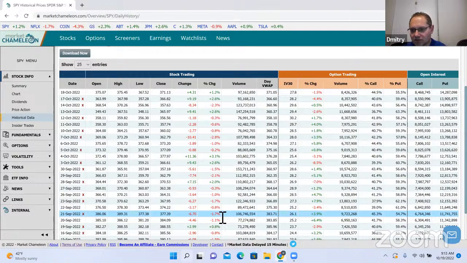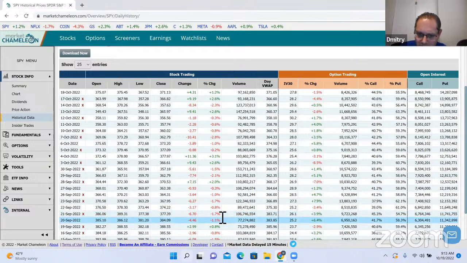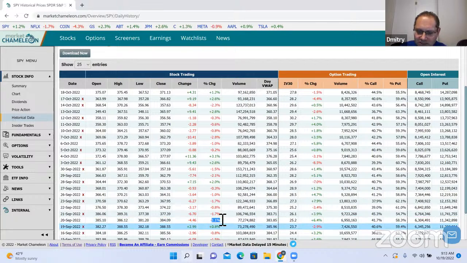Simple returns don't do that, because up 1% from 100 is not the same thing as down 1% from 101. Log returns it is. So you put these in log returns and say, okay, from now to expiration, these are the average daily moves.